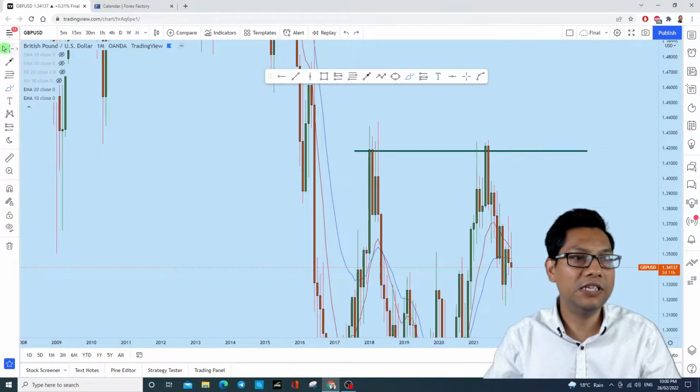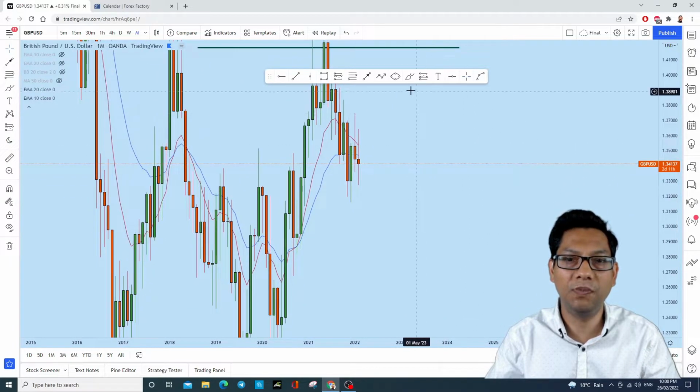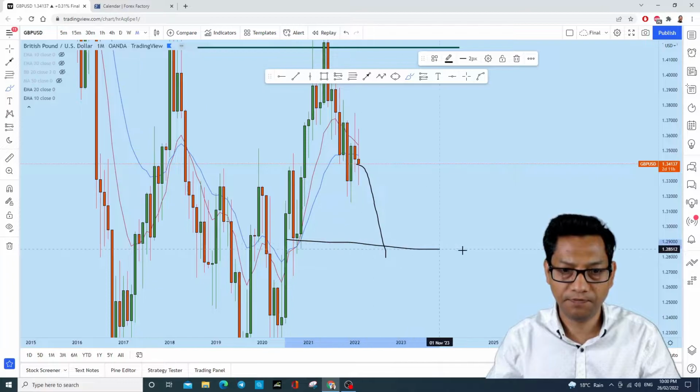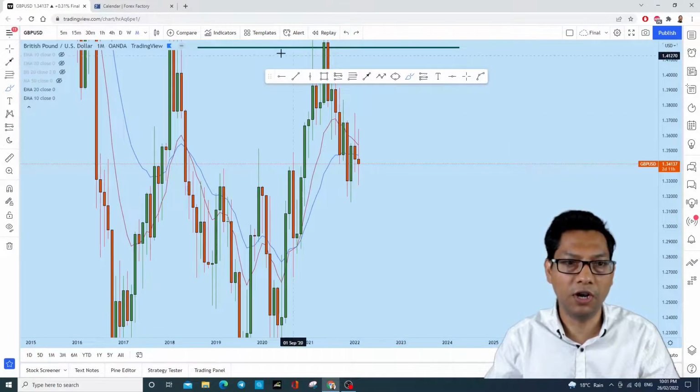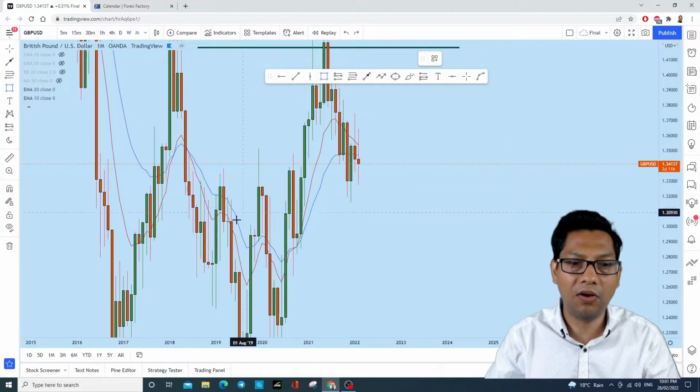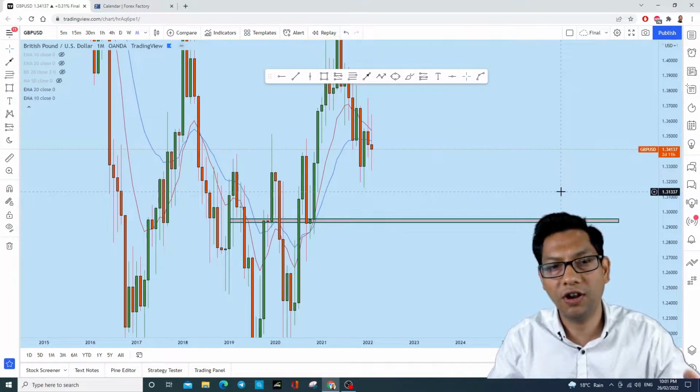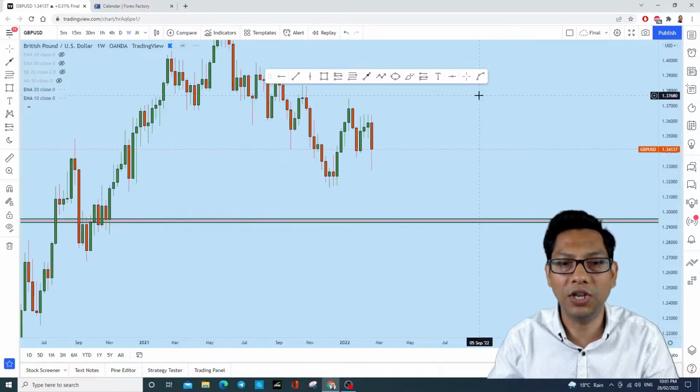This is going to be a strongly bearish market for a very long period of time, so we could potentially see British pound US dollar slowly go up and down, finally dropping to this level of support. So British pound US dollar is highly bearish.